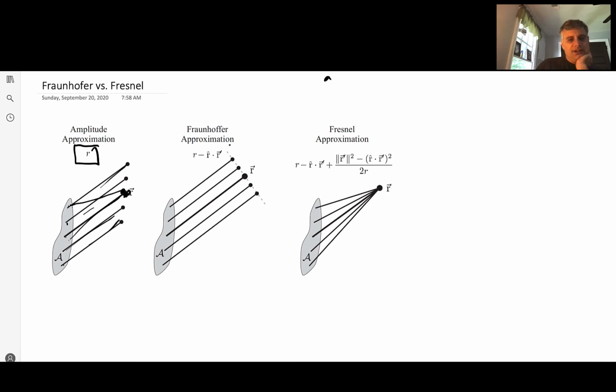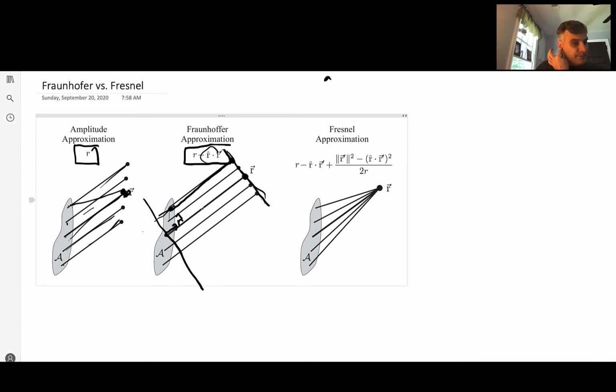For phase, the Fraunhofer approximation, we add this correction factor to it. And here, we're projecting the difference. So if I were to take this line that's perpendicular to the direction of propagation from this aperture, and I translate it down to the origin, this little projection factor is telling me how much closer or farther away a point is on the aperture if I draw a parallel line to that same point.